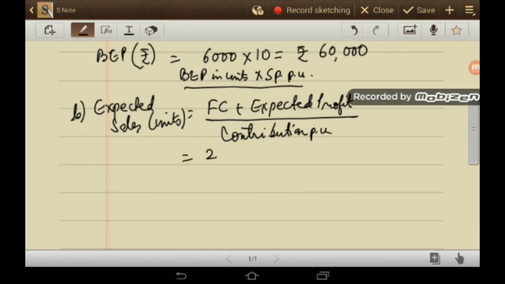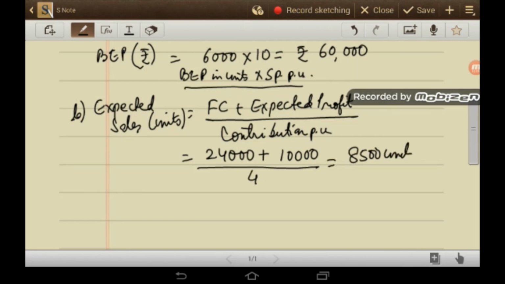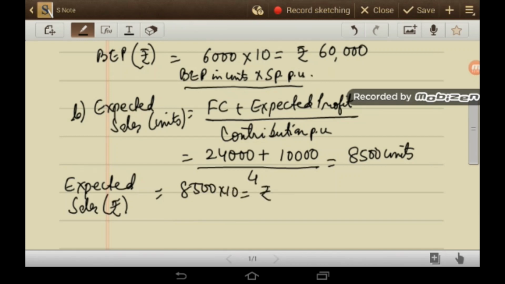So fixed cost is 24,000 plus expected profit 10,000 divided by 4, this gives 8,500 units. Similarly, expected sales in rupees is equal to 8,500 into 10, is rupees 85,000.